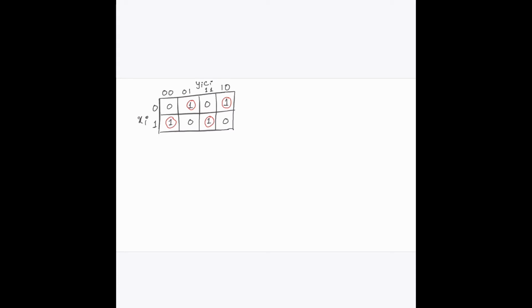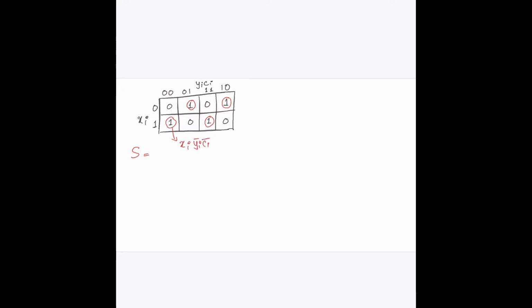Now we can write the equation. Sum will be equal to: here this cell corresponds to xi 1, which means we represent it as xi, and yi ci is equal to 0 0, so we write it as yi bar ci bar.